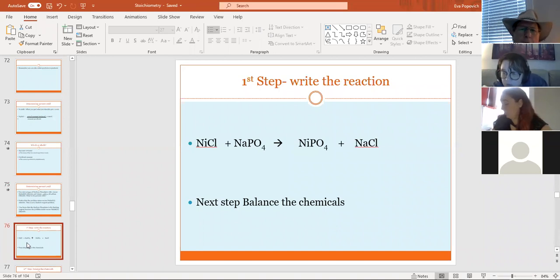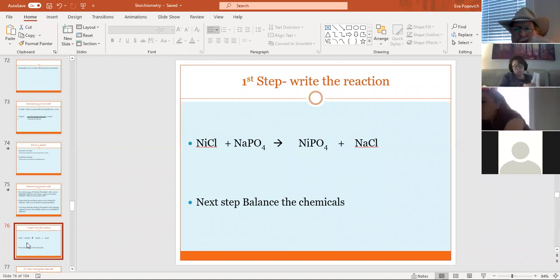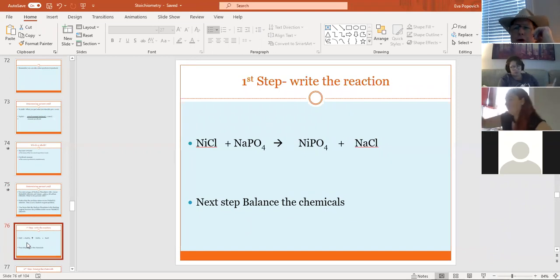How about the sodium phosphate? Sodium is +1, and phosphate is -3, so it would be Na3PO4. It's been a while, so I had to look at it again.